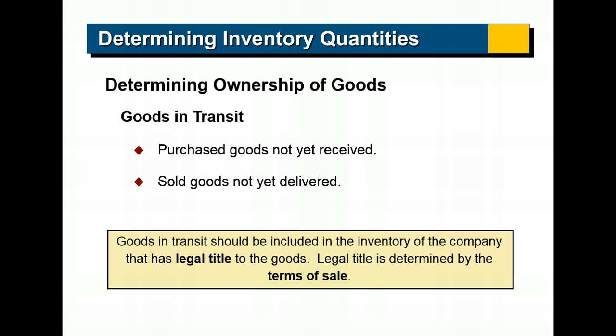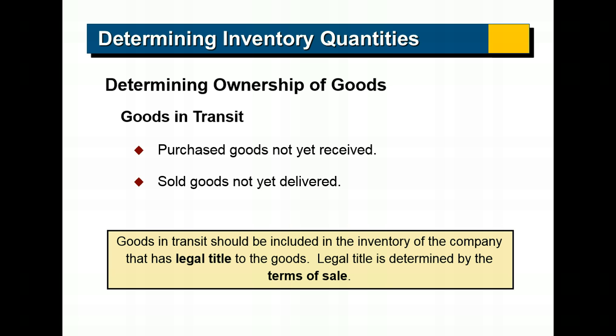Sometimes we can have goods that we own, but we haven't received them in our warehouse yet. Why would we still own those goods even though we haven't seen them? Because we paid for the shipping. The shipping contract said FOB shipping point, free on board to the shipping point.